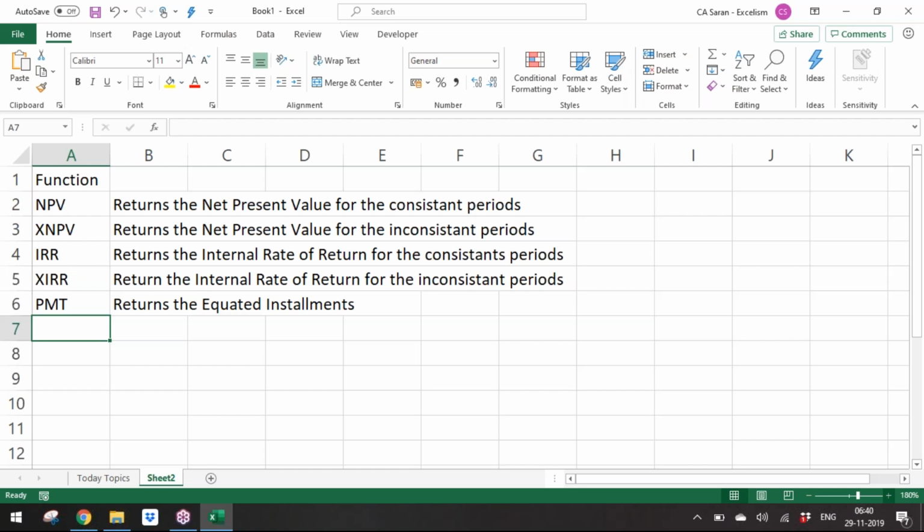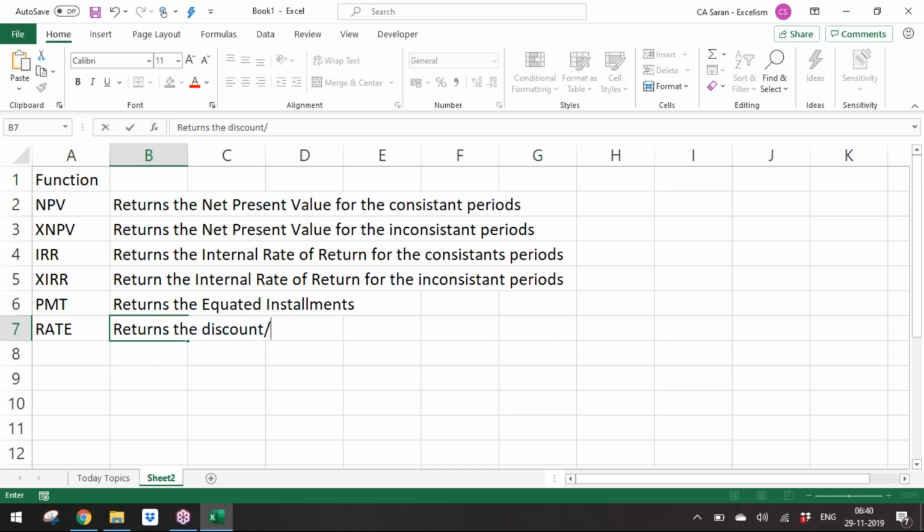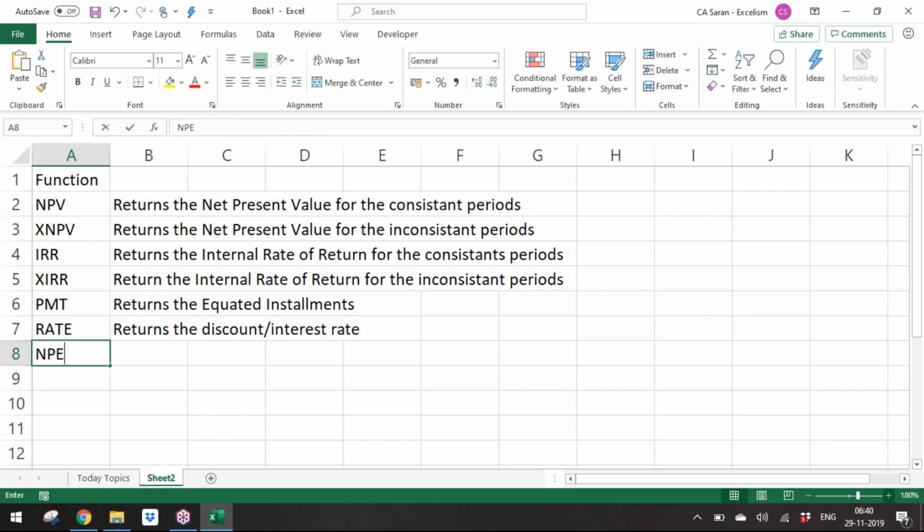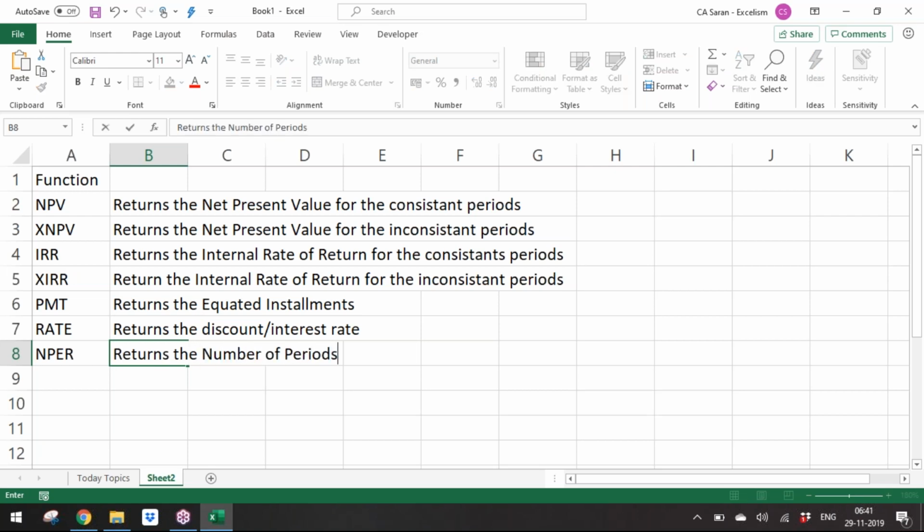Then there is a function named RATE. This returns the discount rate or interest rate. Then there is a function named NPER, returns the number of periods in which the equated installment will be paid.